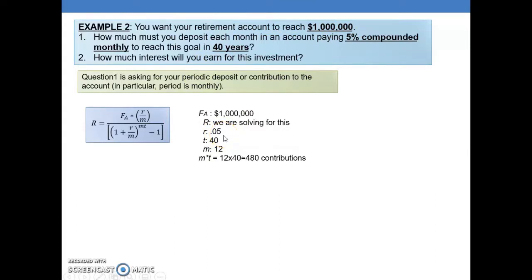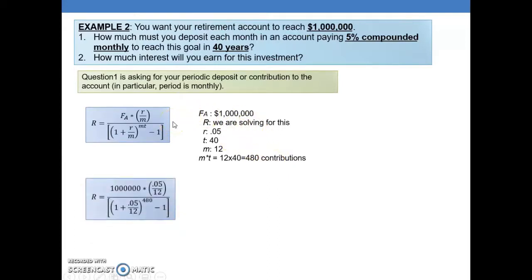You want to contribute for 40 years, so T is 40, and since you're doing it every month, your compounding period M is 12. Just like in the previous slide, you have an exponent again, which is MT, and you must pre-calculate that to avoid mistakes. So 12 times 40 is 480 contributions.